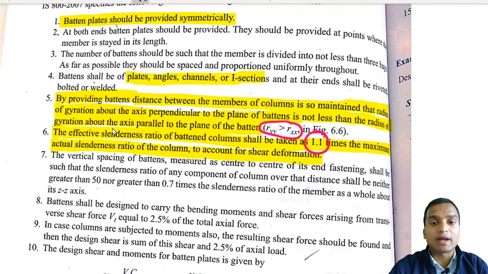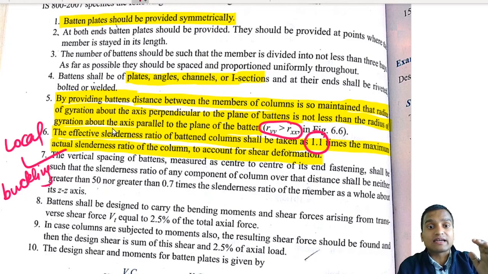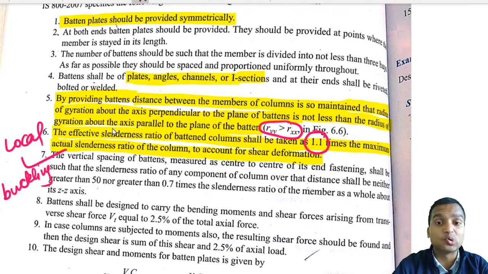And vertical spacing of battens measured at center to center of its end fastening shall be such that, now this is about local buckling, and it means that spacing should be such that slenderness ratio of any individual component of column over the distance shall be neither greater than 50, the same value, local buckling, nor greater than 0.7 times the slenderness ratio of the member as a whole.